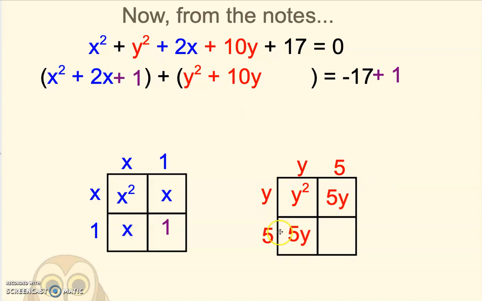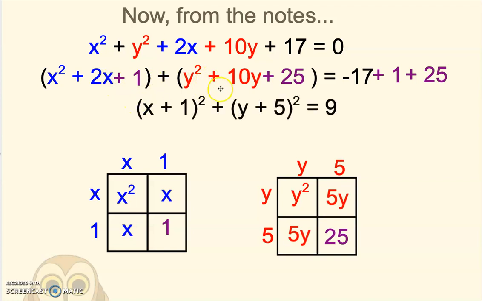And to complete this square, this empty block must be 25. So I need to add 25 to the left and 25 to the right. Now, in order to make this into a form that's useful to us, I want this fully factored, and I want that fully factored. And over here you have what becomes your radius squared.